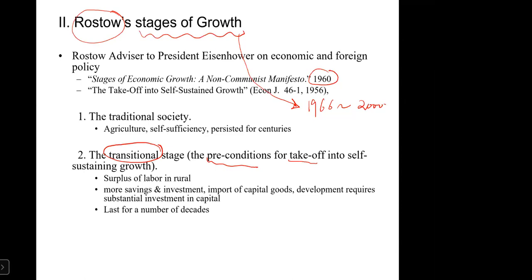First, there's going to be a surplus of labor in rural areas, on the farm. This is largely because technology grows. They have better farming techniques, so they can produce the same or an additional amount of food with fewer hands. So you have a surplus.